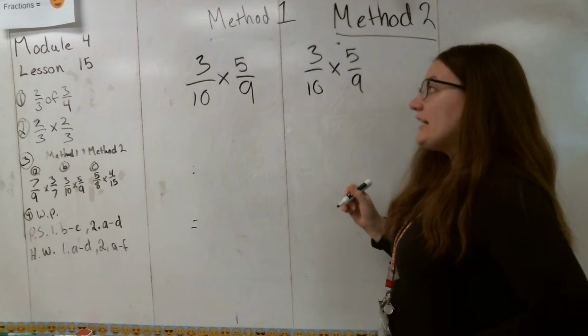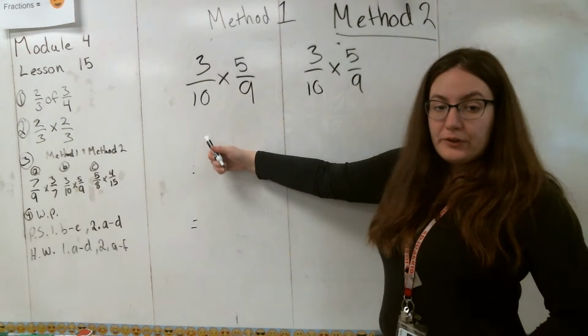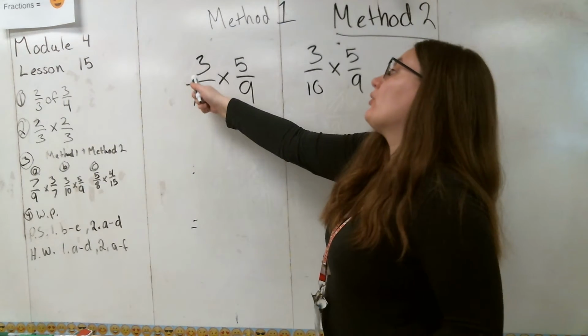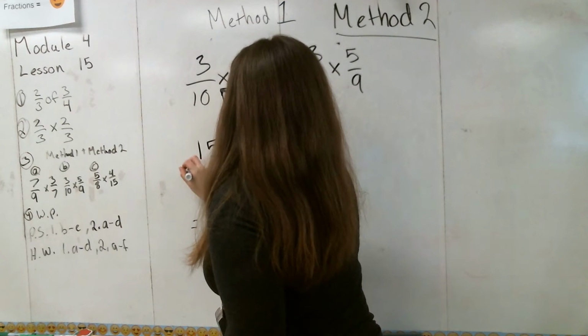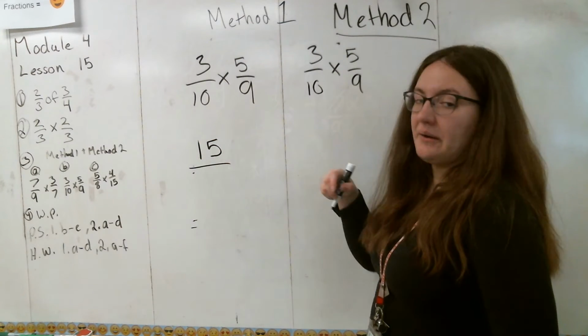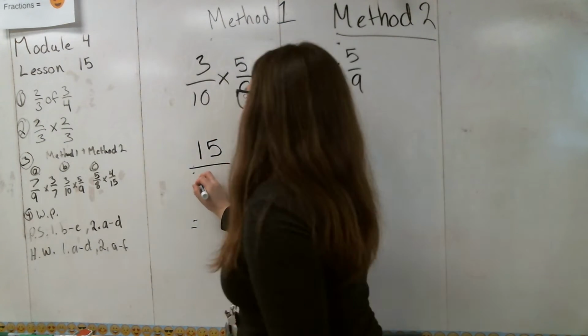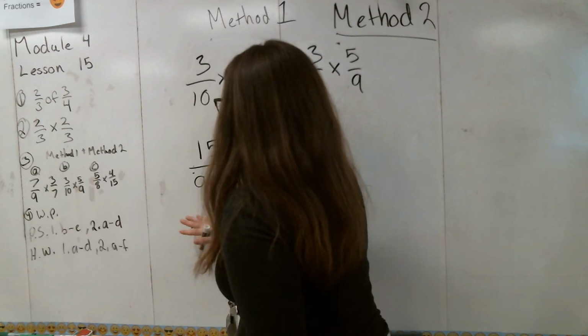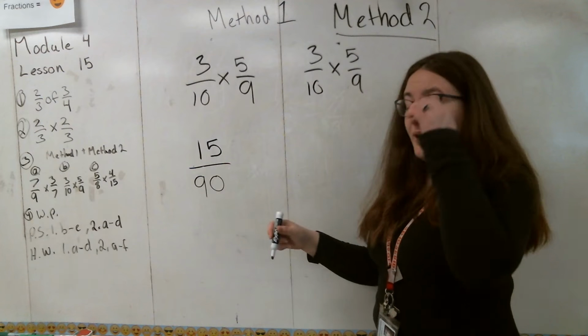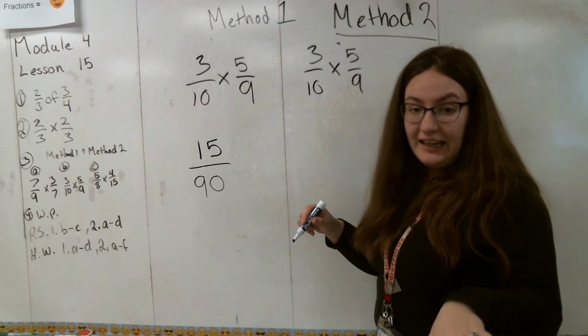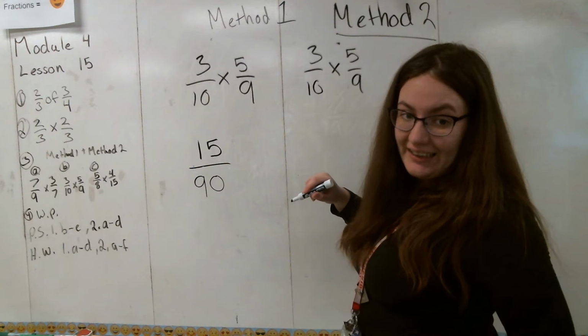All right, so when I go to solve this problem, when I'm doing it the method 1 way, I'm going to go 3 times 5, which gives me 15. And then I'll do 10 times 9, which gives me 90. And then I'm going to need to simplify this. So I think about, well, how many times can 15 go into 90?